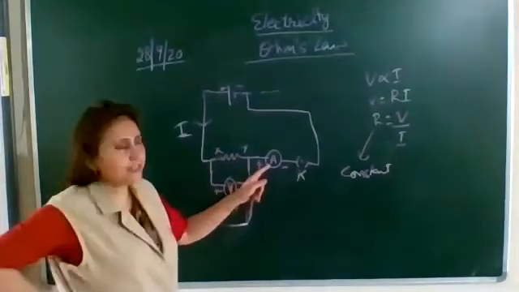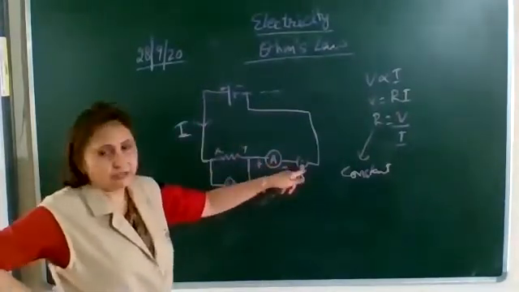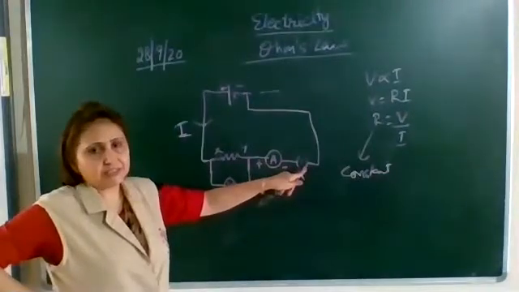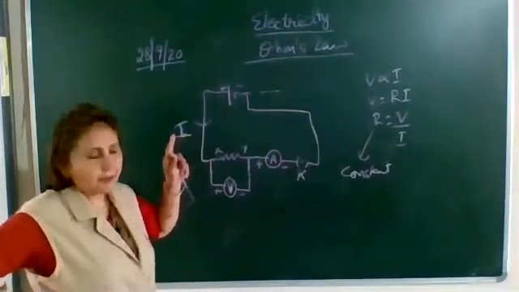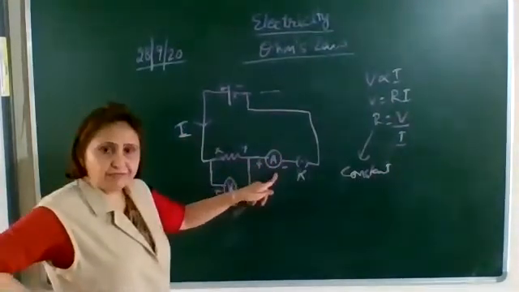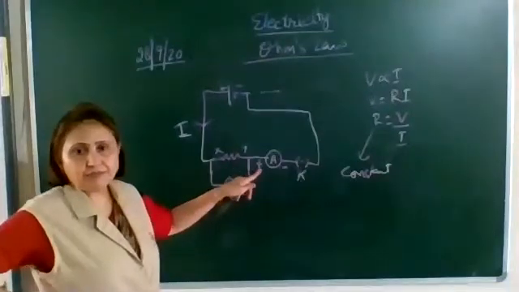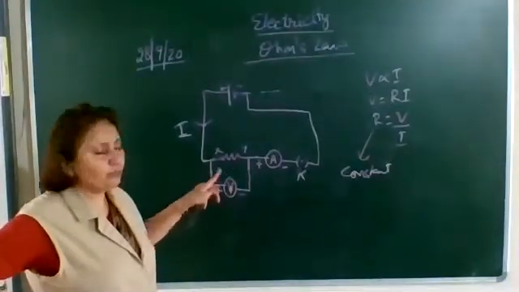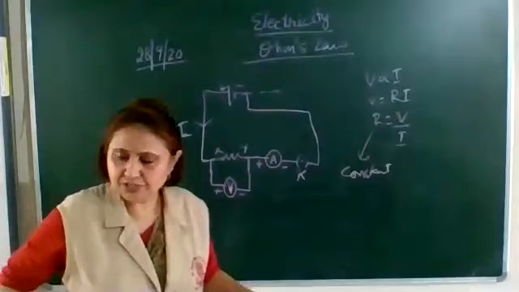So what will the ammeter measure? When we switch on this key, when the circuit is closed, the ammeter will measure the current through this nichrome wire and the voltmeter will measure the potential difference.